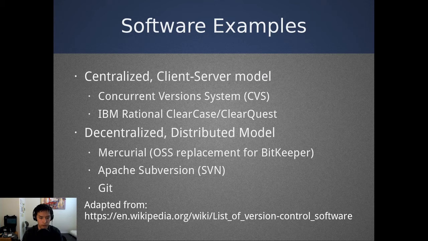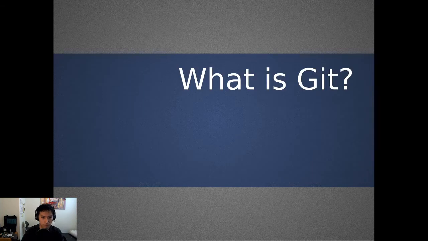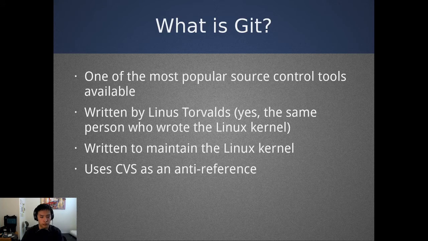And this talk will naturally focus mostly on Git, but why, or what is it even, right? So Git, like I kind of alluded to earlier, is one of the more popular open source source control tools available.